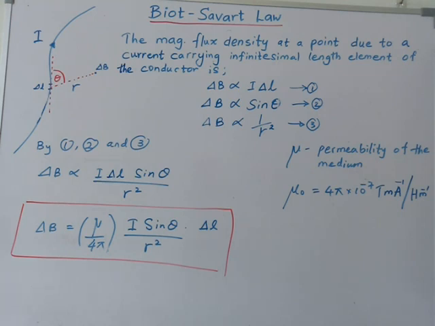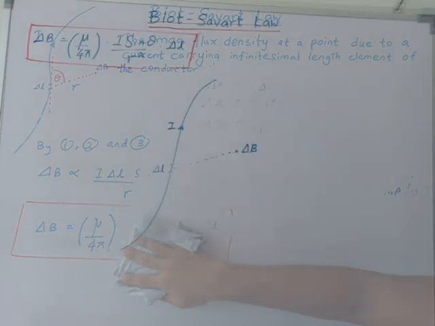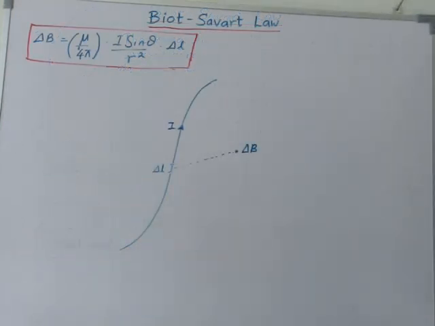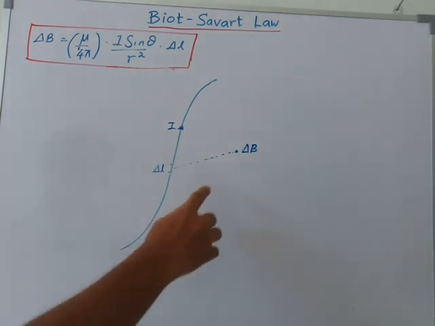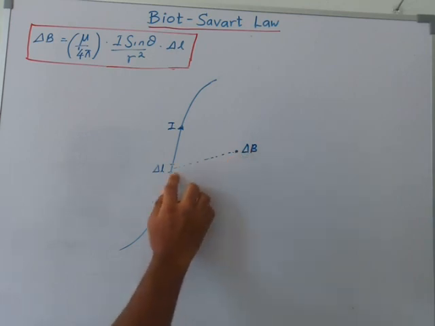Okay, now let's do an example of Biot-Savart law, in other words, a practical application of Biot-Savart law. Before moving into the application, I forgot to mention one thing. This gives the magnitude of the magnetic flux density at this point due to this delta L length element.